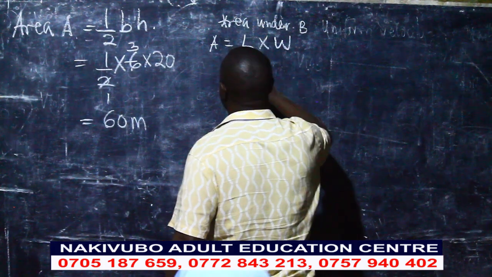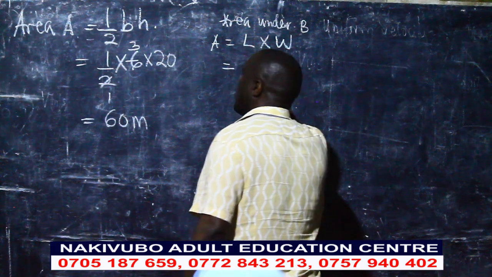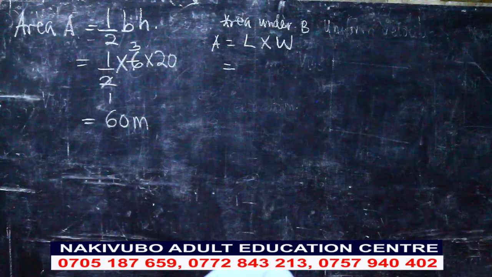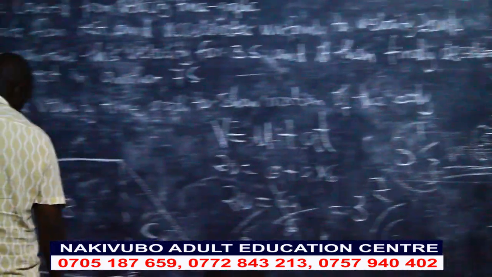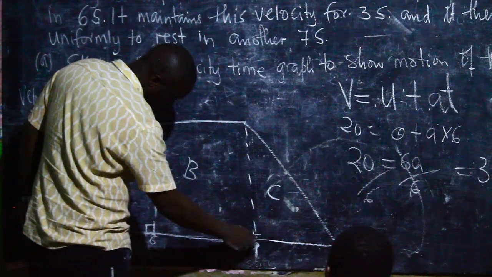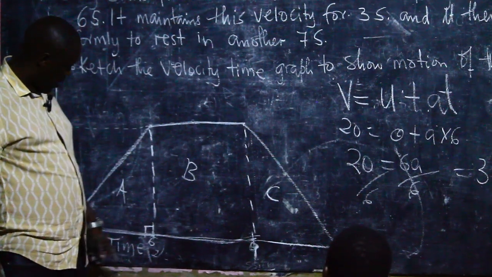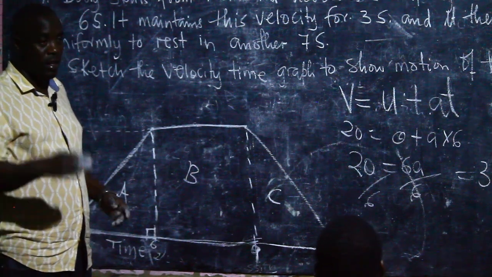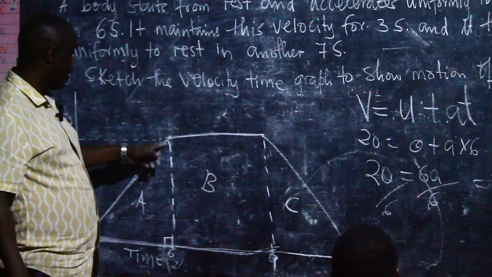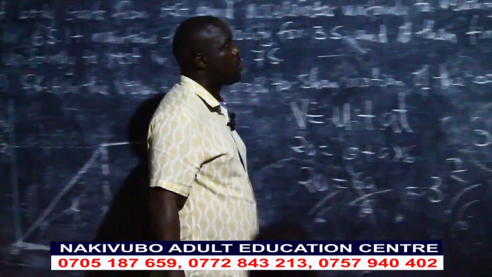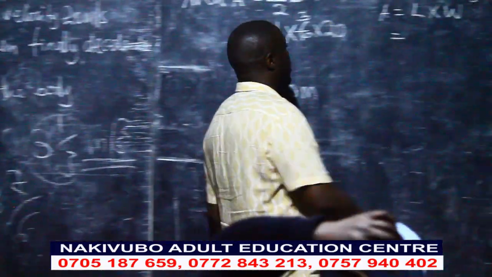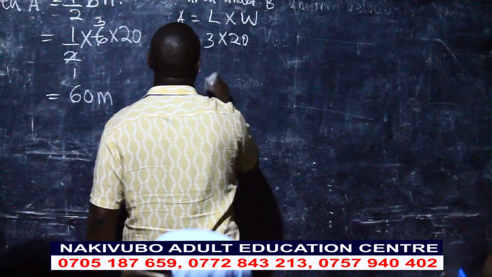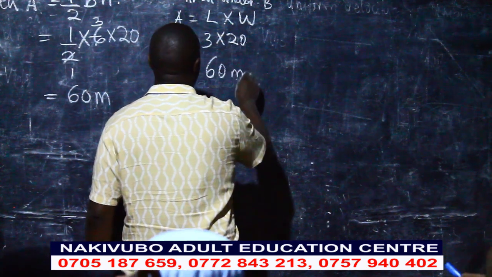What is the length? Please be careful. From here to here is the length. This is 6, this is 9, so this is 3. You look for the difference. What about the height, 20? So 3 times 20. Is it clear? What do you get? This is 60 meters.